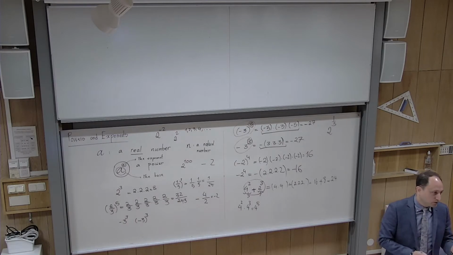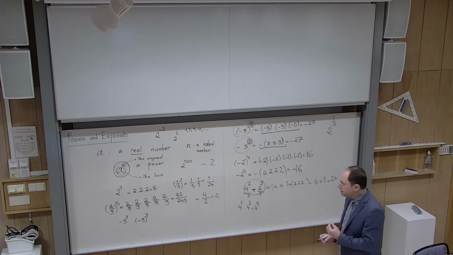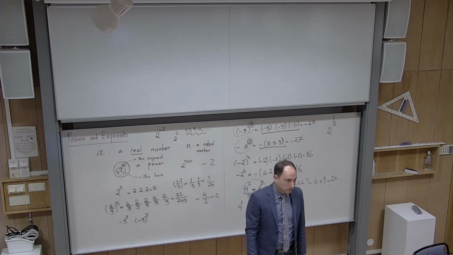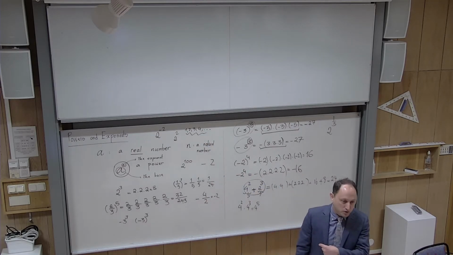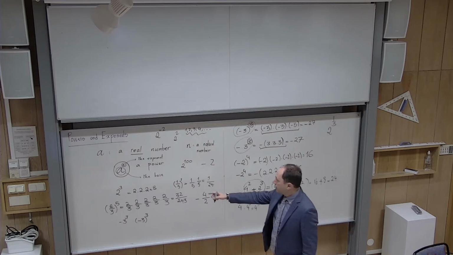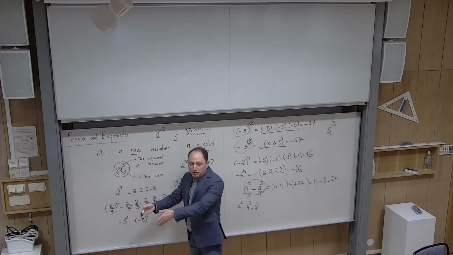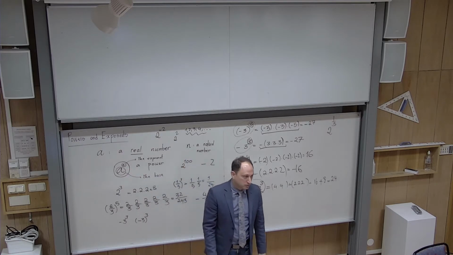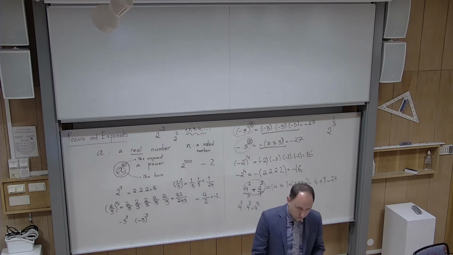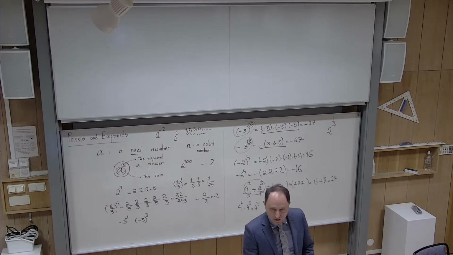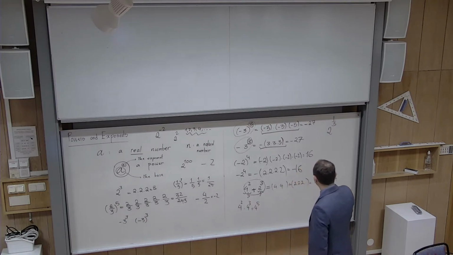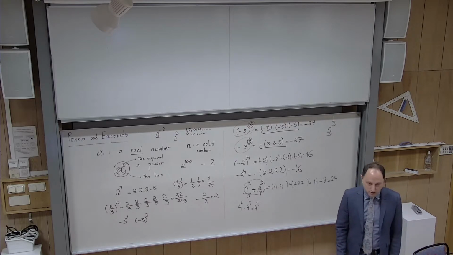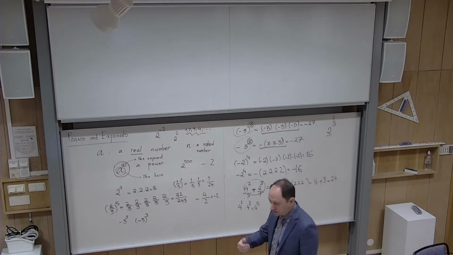For the time being, that is why I am limiting myself to natural exponents. Then in that case, it makes sense. Whatever I have as the base, I multiply it by itself the number of times that appears in the exponent. And this is meaningful. So I cannot just teach you this and then ask you to calculate that, because it doesn't make sense. So I have to change my definition.